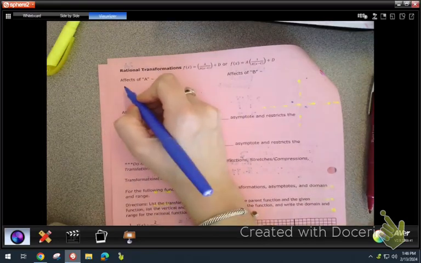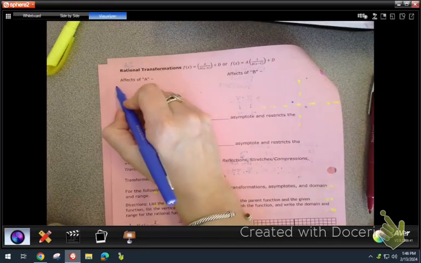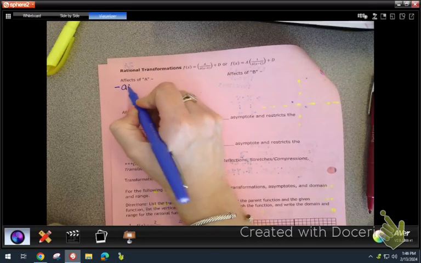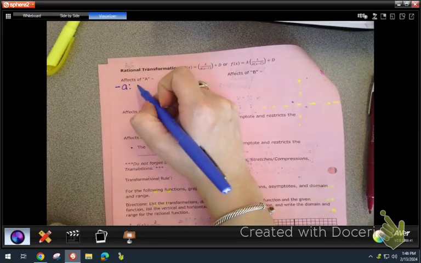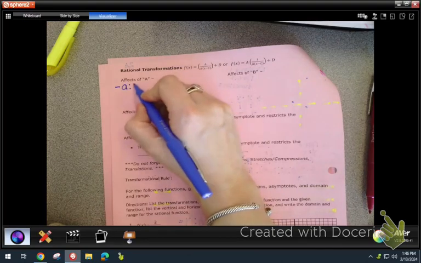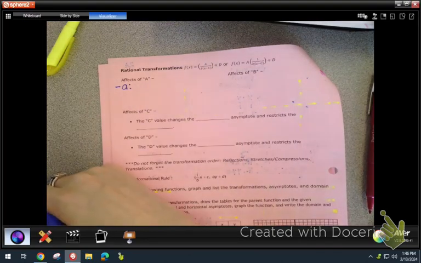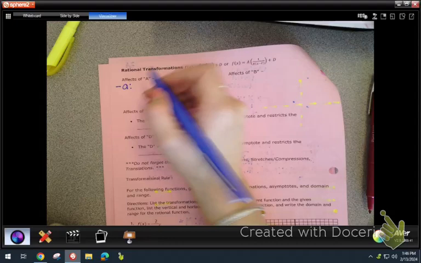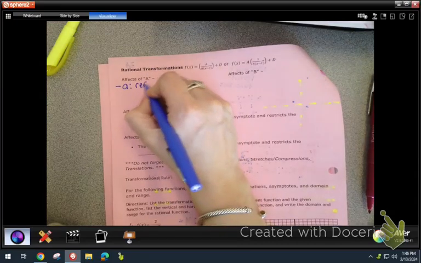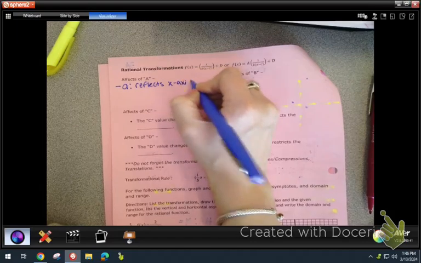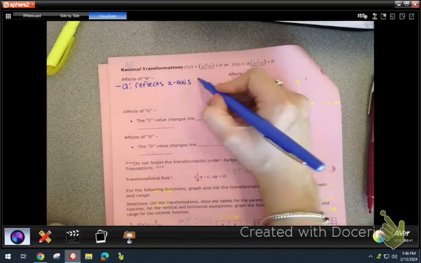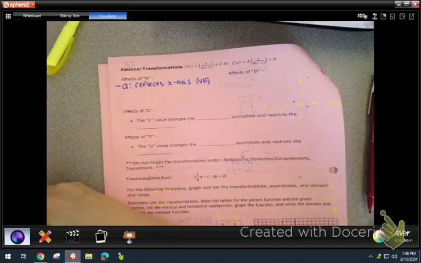So we'll go through this real quick. A can do a couple of things. If it's negative, what does A do? Negative in the numerator or negative in the very front? No one remembers. It's a vertical reflection. I always say reflect over X. Reflects the X axis, but you are correct. It is vertical. I'll do VR. It's going to flip your graph over.